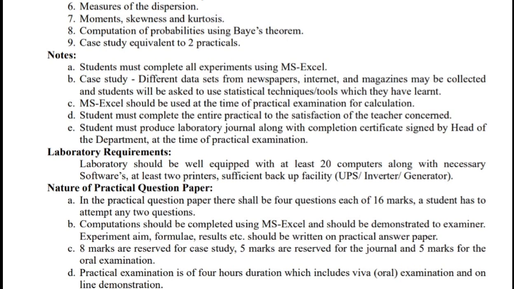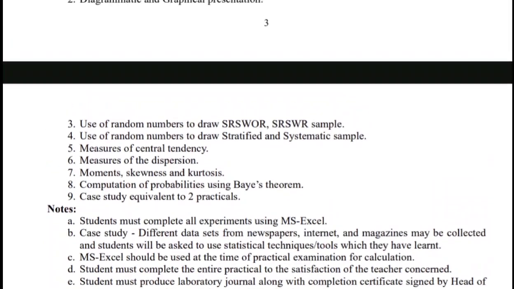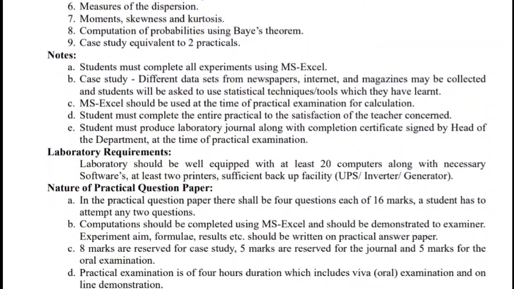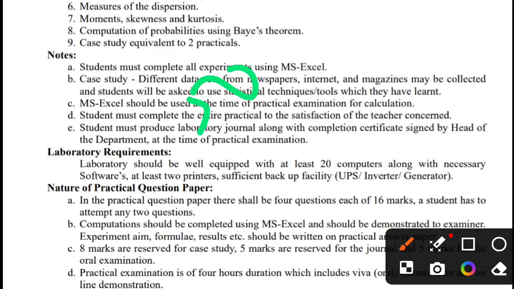So this is all about your practical examination, and I hope you understand the process. The practical examination is of 50 marks, divided into 4 components: 32 marks for actual practical work, 8 marks for the case study, 5 marks for the journal, and 5 marks for oral.